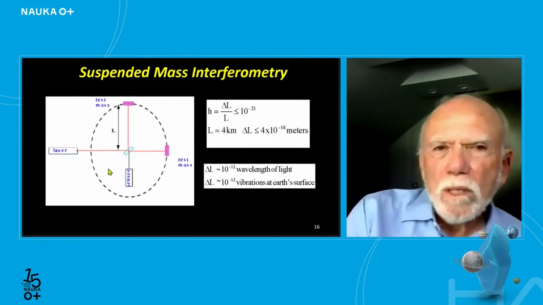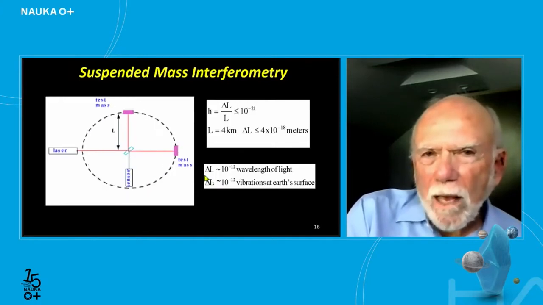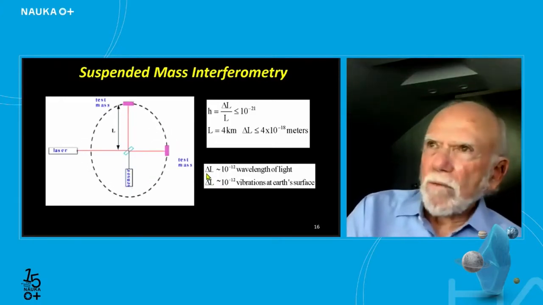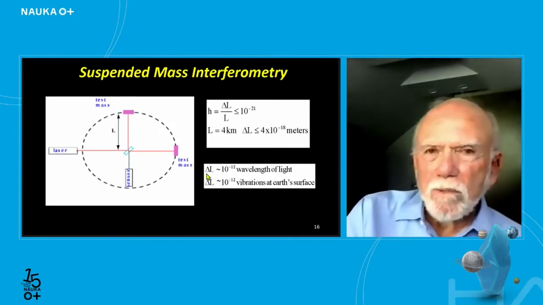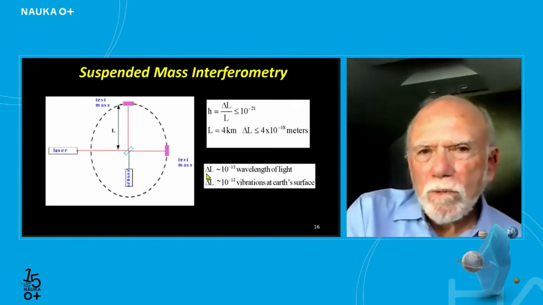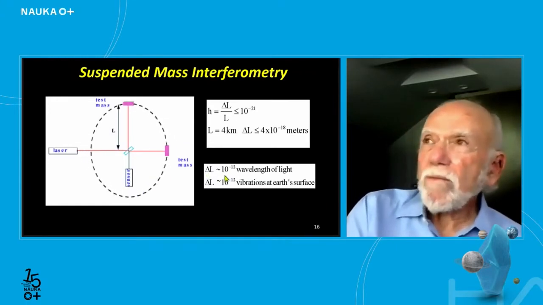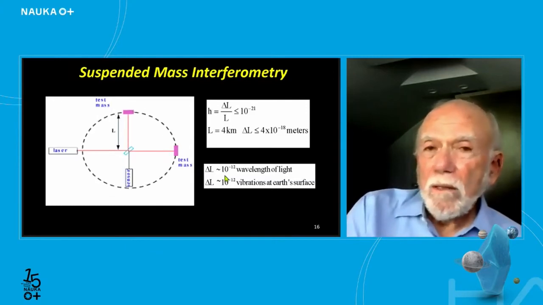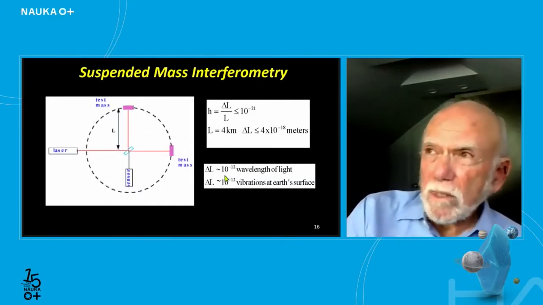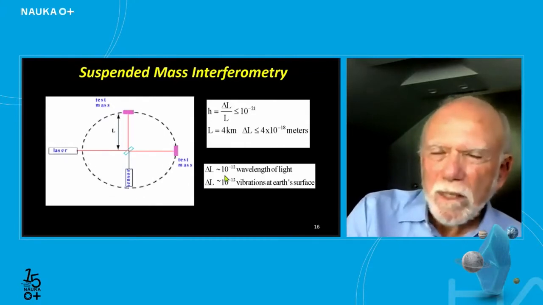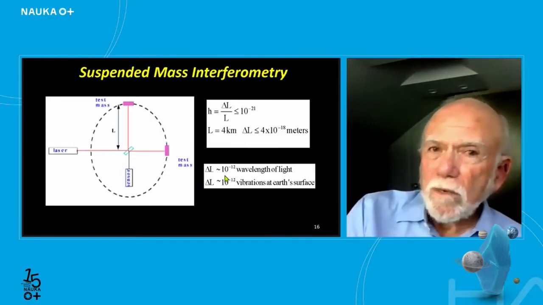Only we have to do it at a tremendously accurate level compared to the way it's done in most interferometers that people might be familiar with. We have to be able to tell a difference in length that's 1 part in 10 to the 12th of the wavelength of the light we use. That means doing interferometry itself much, much more accurately than has ever been done. And we spent years developing that.